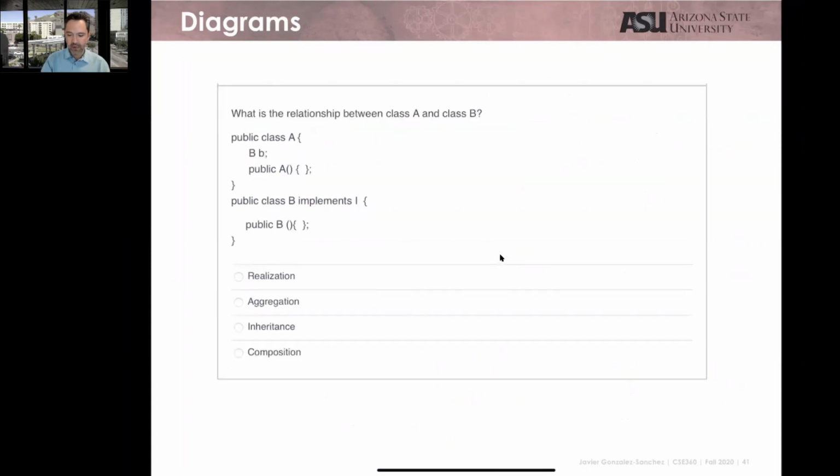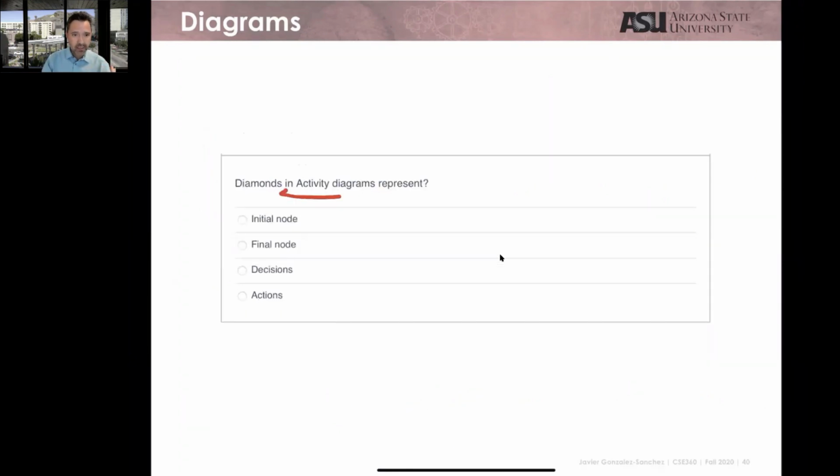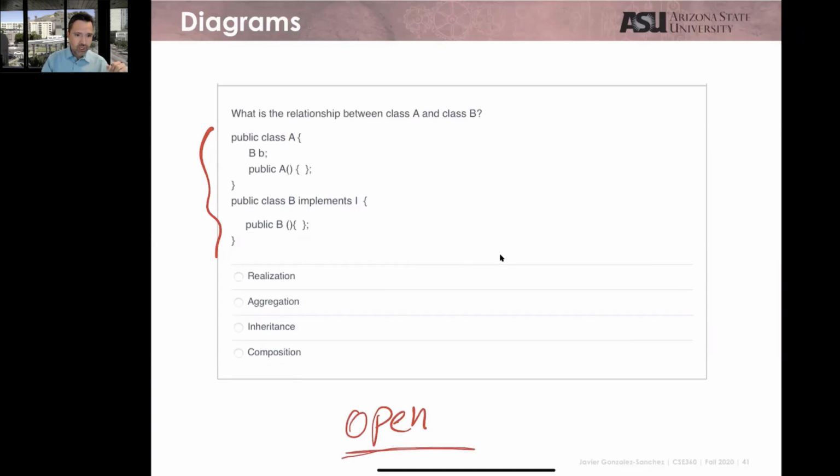And this one is very similar to the one that I showed you with source code, multiple choice. I am not showing you any question that is open, but as I mentioned at the beginning, your exam is multiple choice like these ones, but also some open questions. Most of them multiple choice. That is the reason I show you these examples, but be prepared to write something. And that's it.